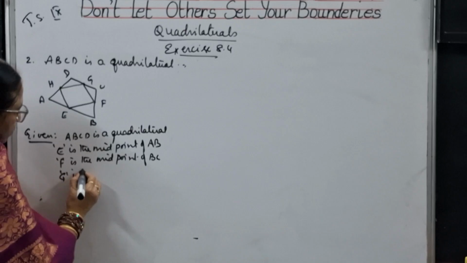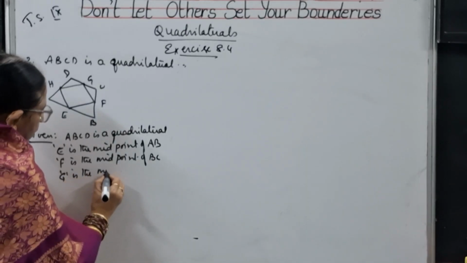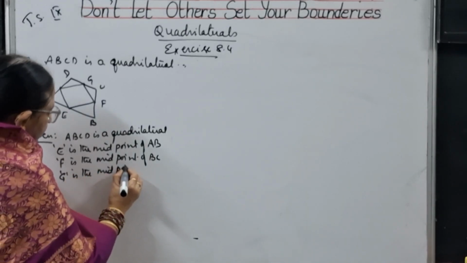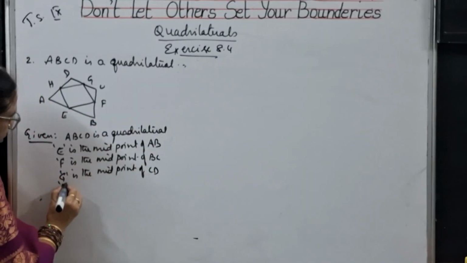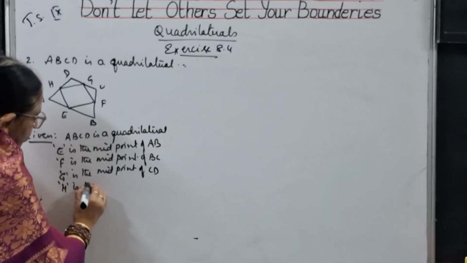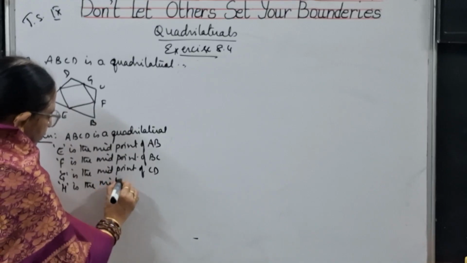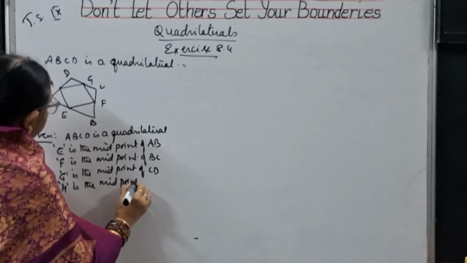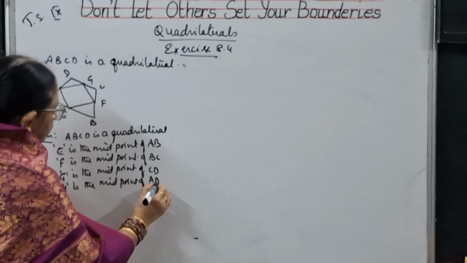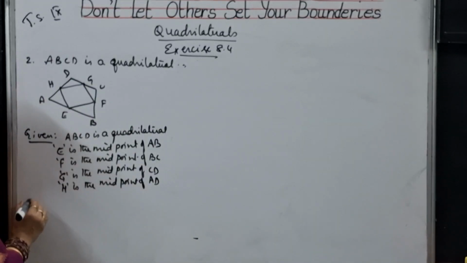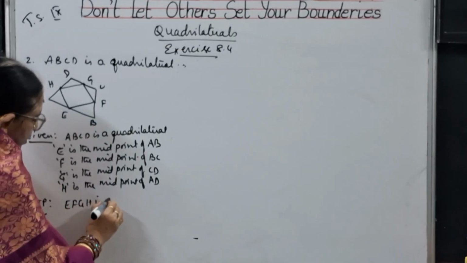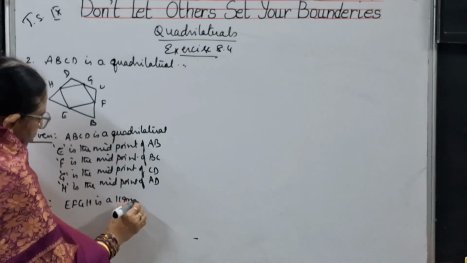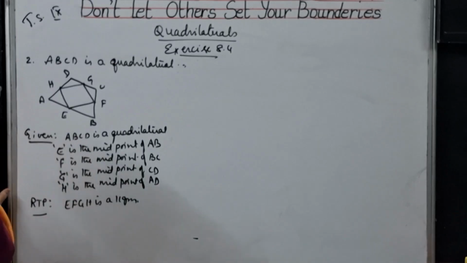G is the midpoint of CD. H is the midpoint of AD. What you need to prove, RTP? We have to prove that EFGH is a parallelogram. This we have to prove.